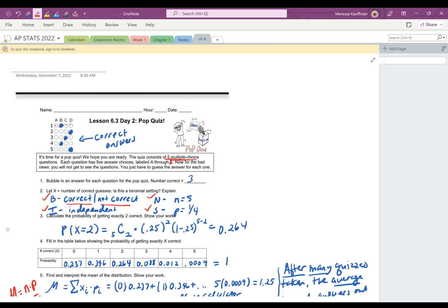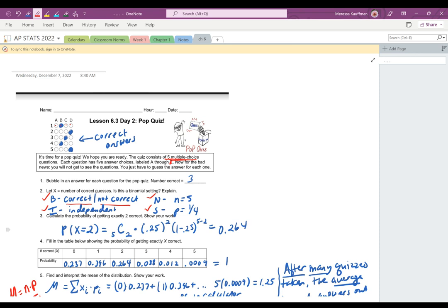Okay, so number 3 says calculate the probability of getting exactly 2 correct answers and show your work. So the probability where our value of x is equal to 2, again, that's our number of correct. I'm going to use that formula that we looked at a couple days ago, where the first part of it is the different combinations of actually getting 2 out of 5 correct questions.